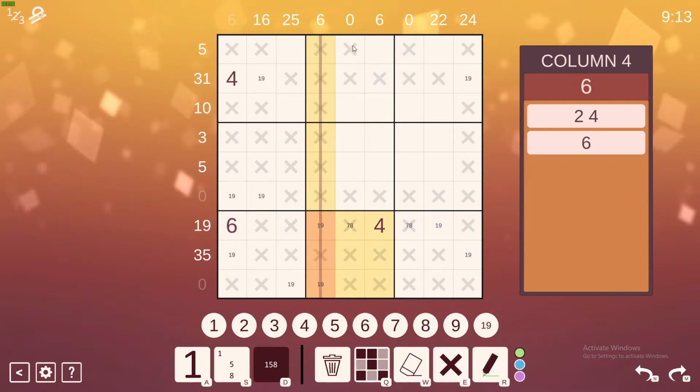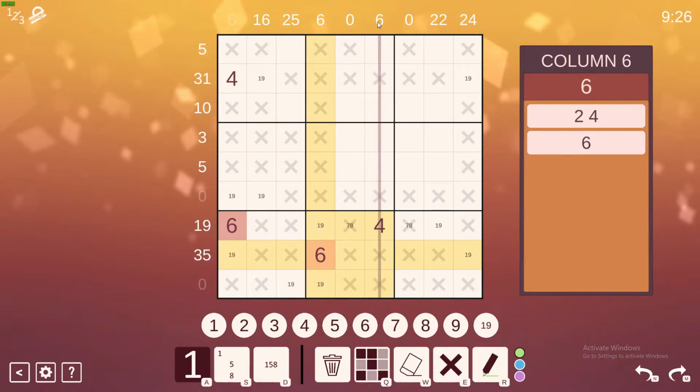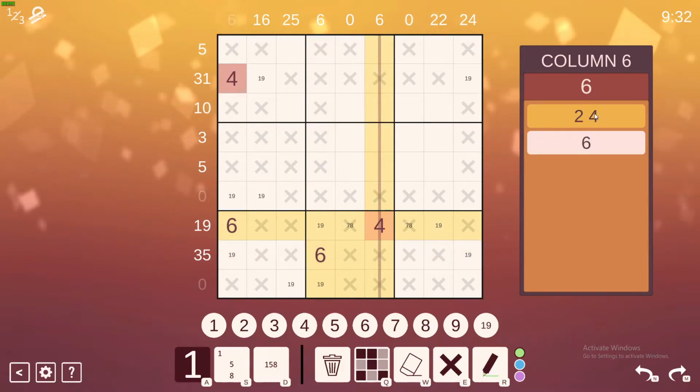And we can use the 6 clue. We have a space of 1 here, so we must place a 6 there. We know we will have to use the 6 clue because the 4 will not be contained. So we can go ahead and say that this 6 is the only possible one we can use.